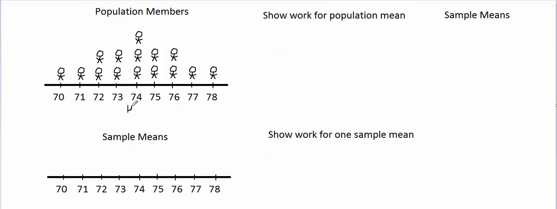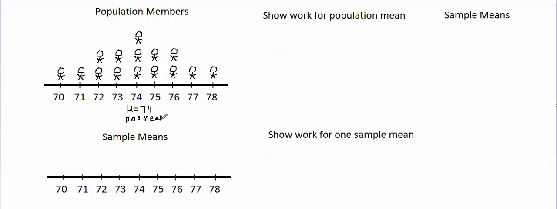Say mu equals 74, the population mean. And I'll also have you write it in words. Just population mean. You could label it like this.